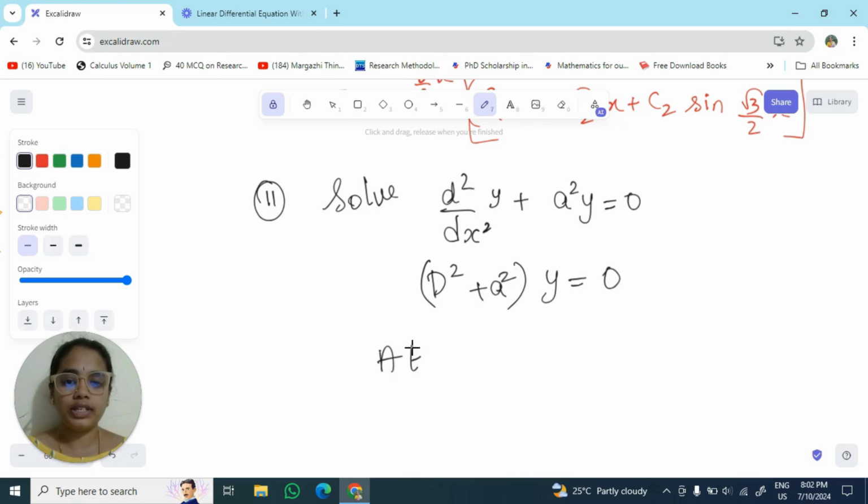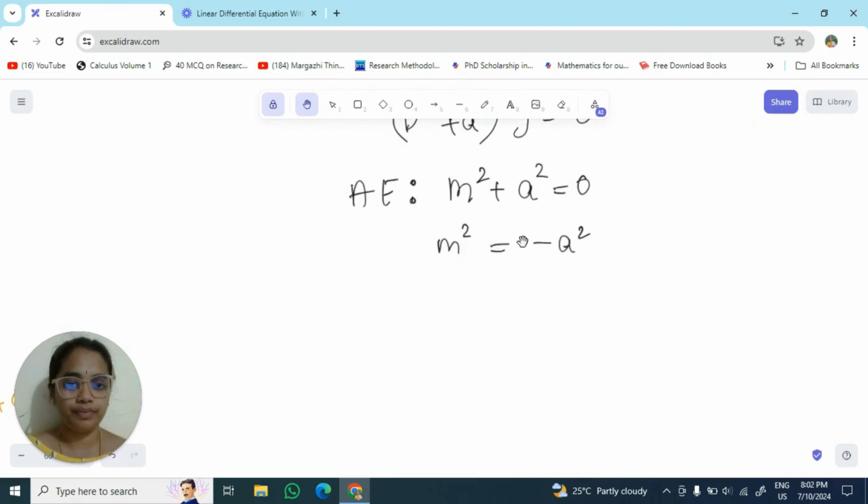What would our auxiliary equation be? It would be m square plus a square equals 0. Agree? Send it to the other side. m square is nothing but minus a square on transposing.